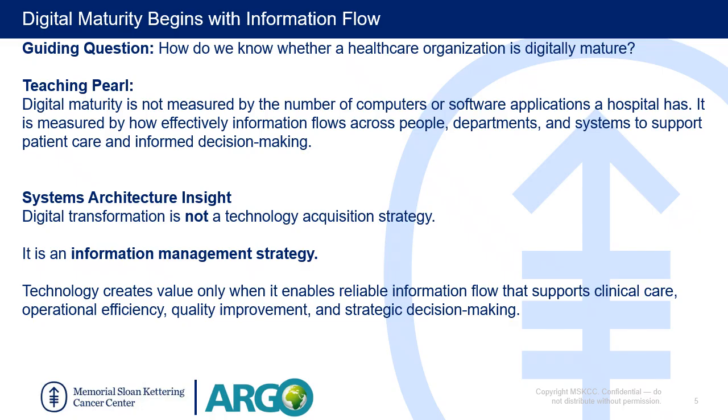Now, most discussions about digital health focus on technology. We're going to buy new EHRs. Are we hosting these on cloud platforms? Do we implement artificial intelligence? Do we have mobile applications? Now, while these technologies are important, they are not reliable indicators of digital maturity, right?